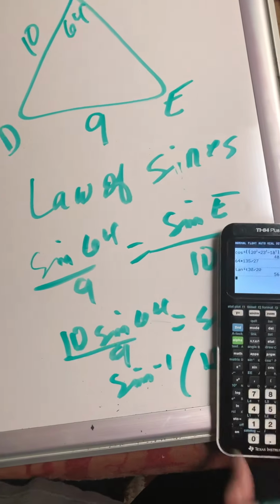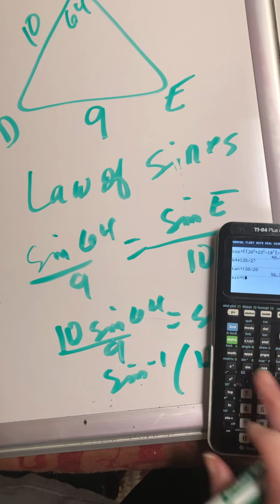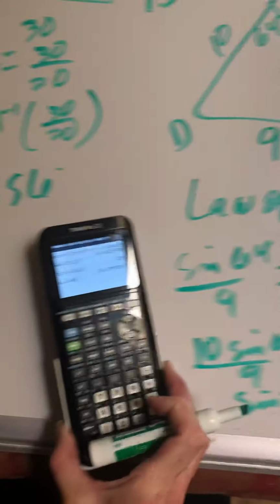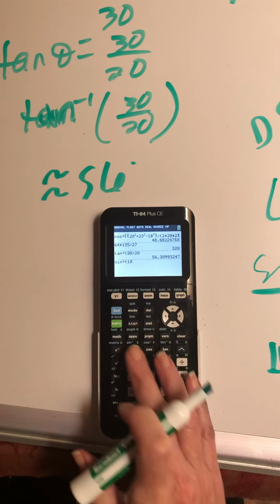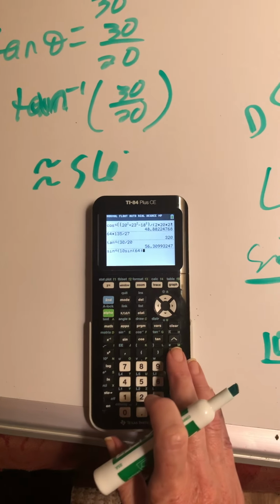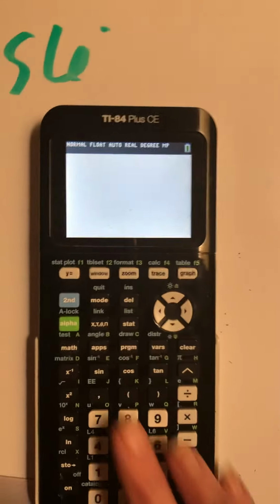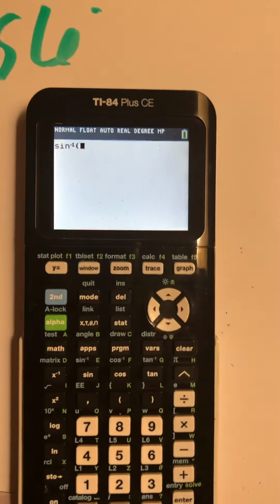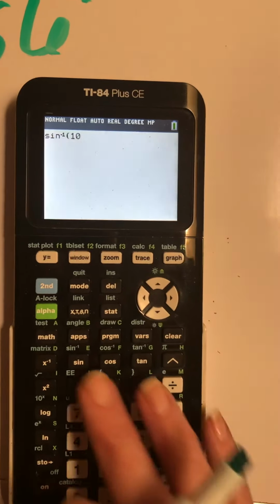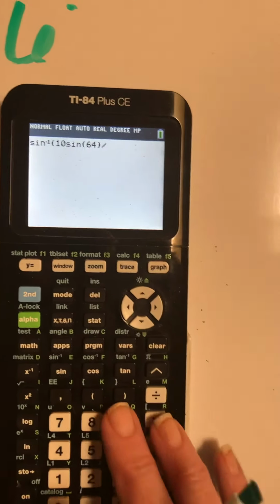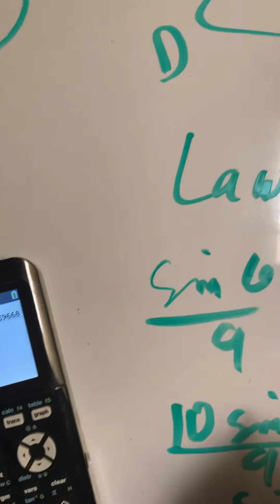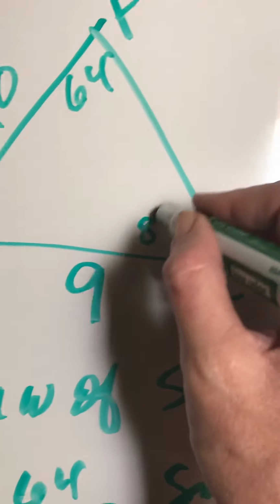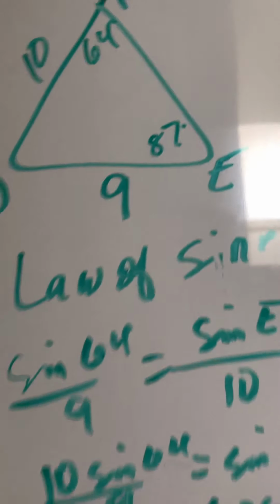So inverse sine, second sine, of 10 sine 64, close parentheses, divided by 9. That's 87. And so I want to round it to the nearest whole number, 87. And that's it. You don't want to find the other one.